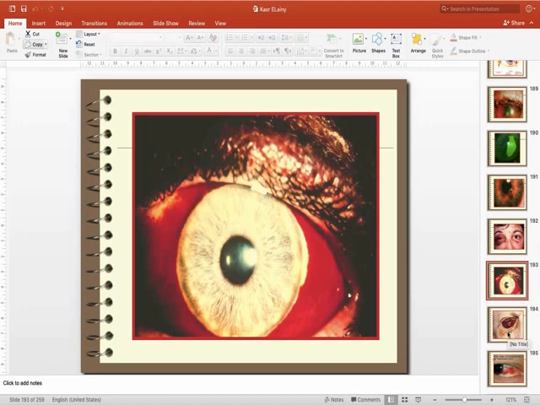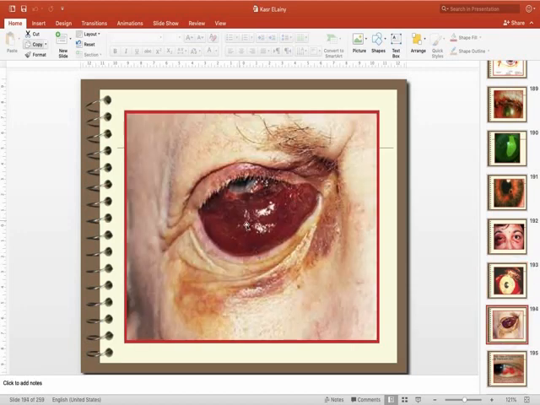In this photo, you can see extensive subconjunctival hemorrhage with extensive conjunctival swelling, which is called chemosis. The conjunctiva is chemotic, swollen, with extensive subconjunctival hemorrhage, and this might happen after trauma or after anesthesia, like peribulbar or retrobulbar anesthesia, and you have to deal with this situation like we dealt with the previous ones.